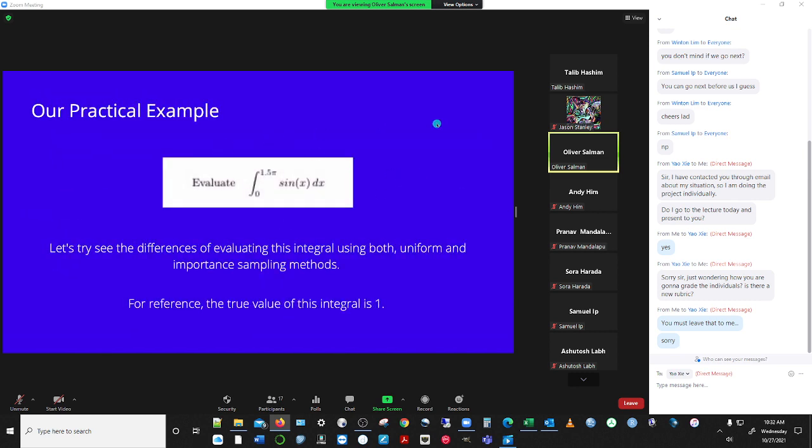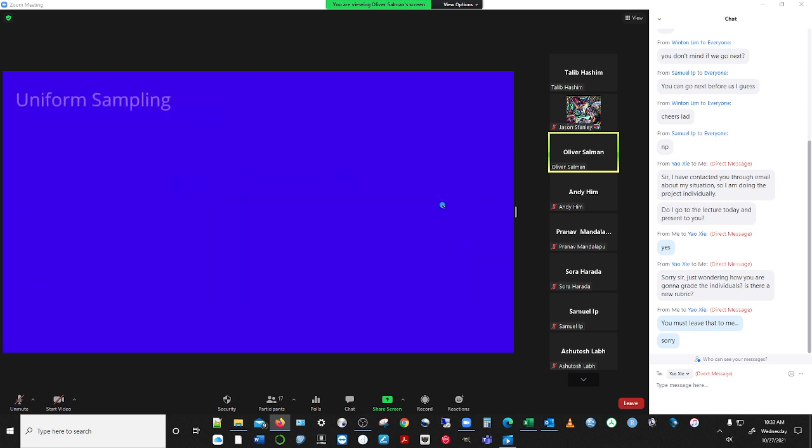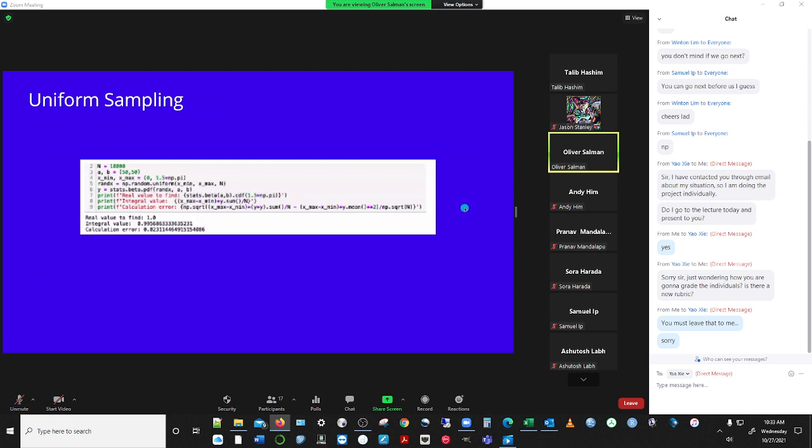So we have made a practical example with this integral. What we're trying to show is the differences and similarities between those two methods of Monte Carlo integration. Going on from our first uniform method of integration, we've utilized packages from, I think, NumPy and Stats.